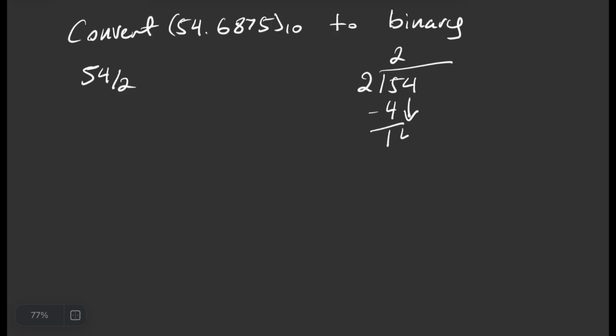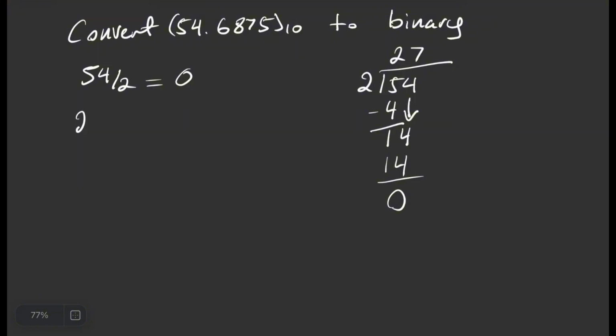We're going to bring down the 4. 2 goes into 14 7 times. 2 times 7 is 14. That's a 0. Whatever answer you get for your long division, that is the value that you insert here. Whatever value you have on top, that's going to be your next value. We're going to keep going until we get a value of 0 at the top of our long division, or until we get a 1.